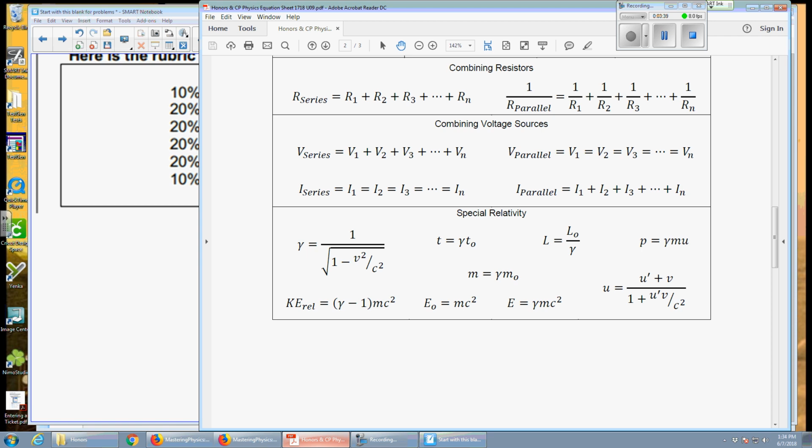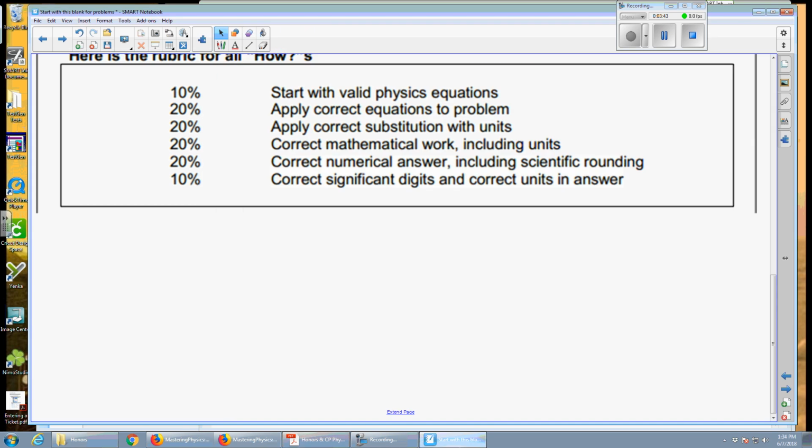L equals L naught over gamma. So, we have L equals, stack that a little bit better, L naught over gamma. And we remember our factoid that gamma is always greater than 1, right?